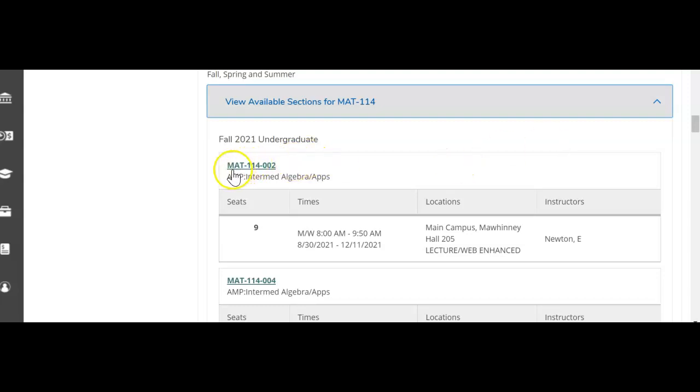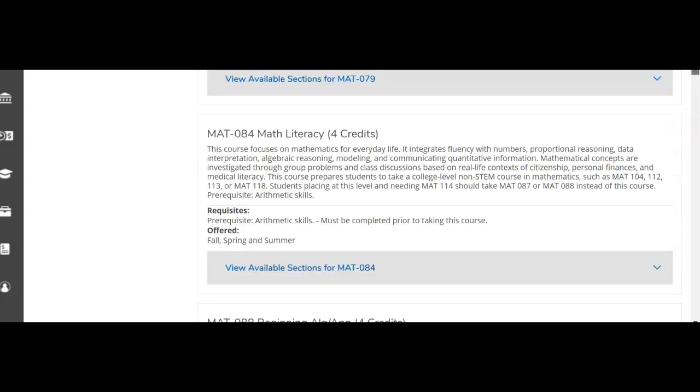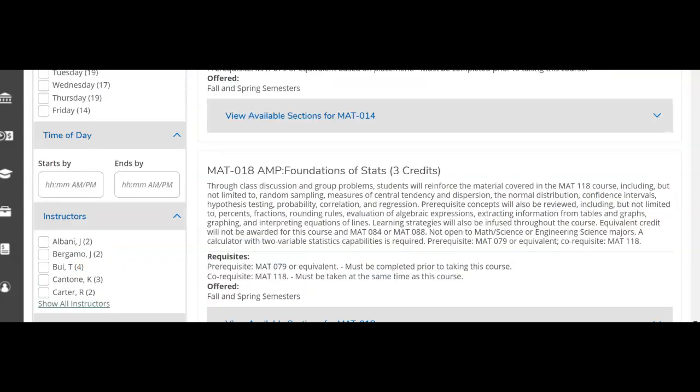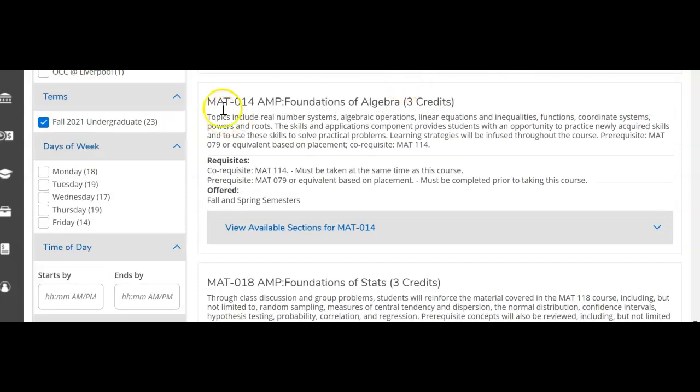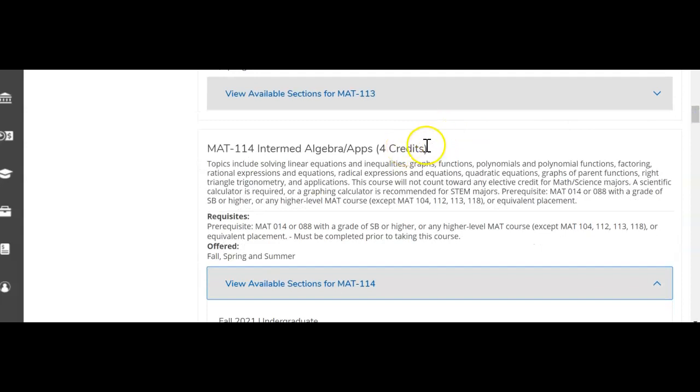So if you're signed up for Math 114 AMP, you need to also be taking a section of Math 014 AMP. These are to be taken together, and this is a lot of math, okay? So this is 3 credits, and Math 114 is 4 credits.